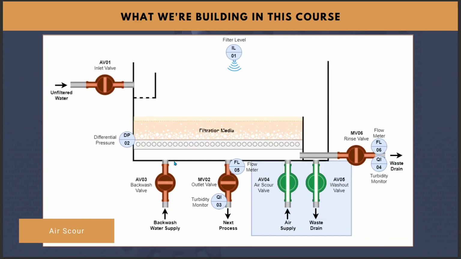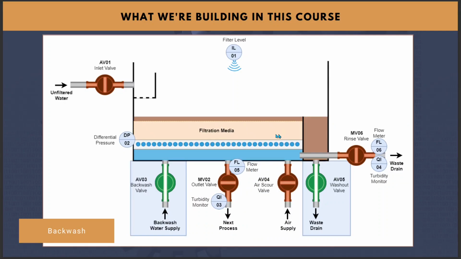So the first thing that happens is the air scour valve is opened, and notice that the washout valve stays open the entire time. So the air scour valve is opened, and we force air into the filtration media, which agitates the sand or the filtration media to allow for an effective clean later.